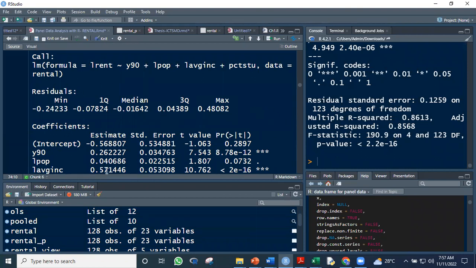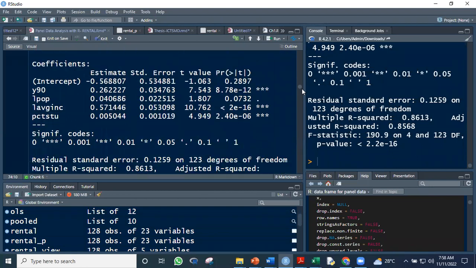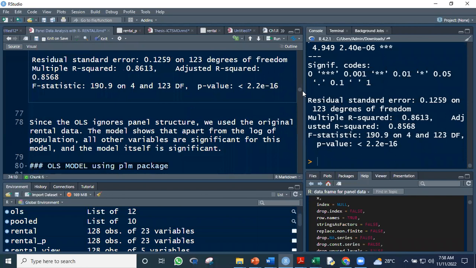Okay, so that's how you interpret when both are logged. Also, assuming log population is also significant, then how do we interpret this? Log and log. So a 1% increase in population will result to a 4% increase in rental.